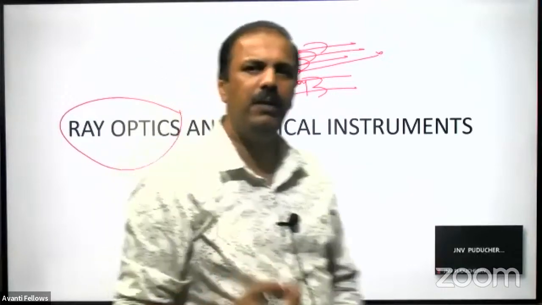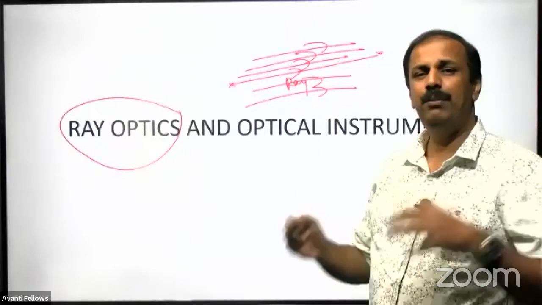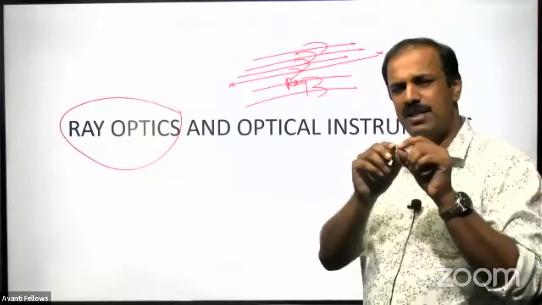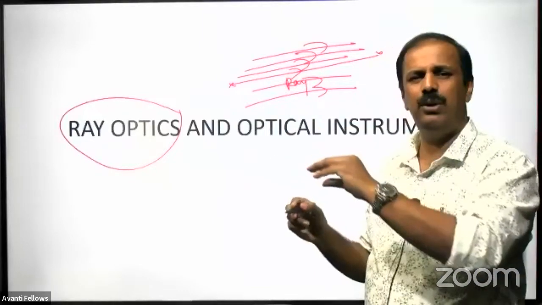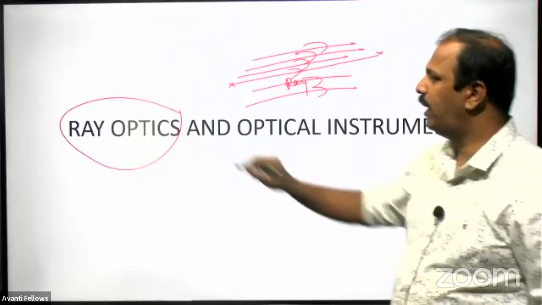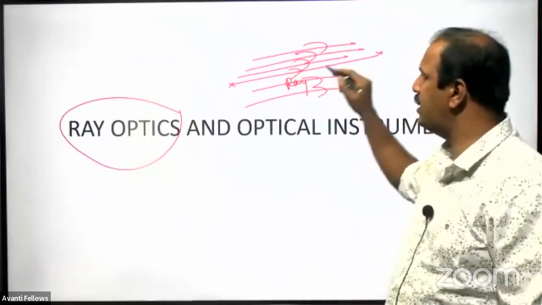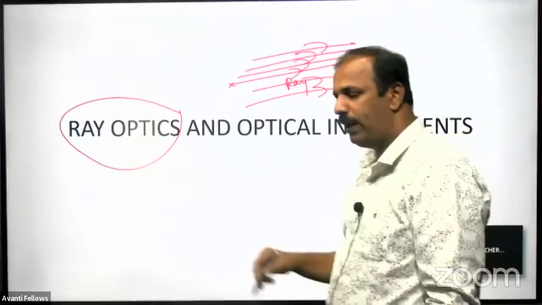So whenever we use the words ray of light and beam of light, that's the difference. Ray of light means it's a single line. And when many rays are going together, a bundle of rays, that is called a beam of light. So we have ray optics. We discussed what ray optics is, what a ray is, and what a beam of light is.